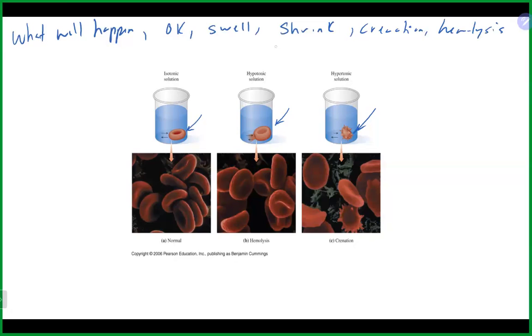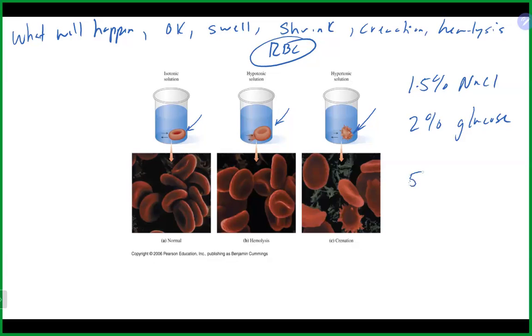If I take my poor red blood cell here and we put it into the following solutions: a 1.5% sodium chloride solution, a 2% glucose solution, a 5% glucose solution, and pure water. For each of these, decide what will happen to the red blood cell here.